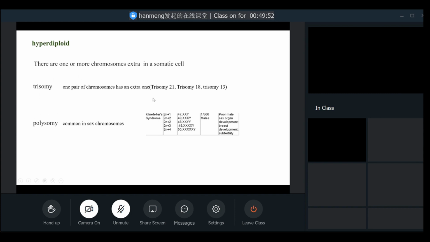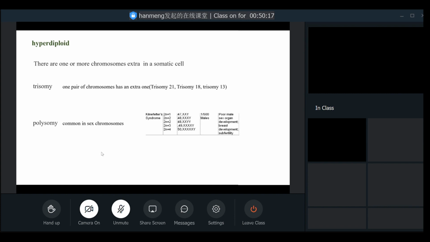The trisomy means one pair of chromosomes has an extra one. For example, the trisomy 21, the trisomy 18, and the trisomy 13. It will also have two or more extra chromosomes, named the polysomy.